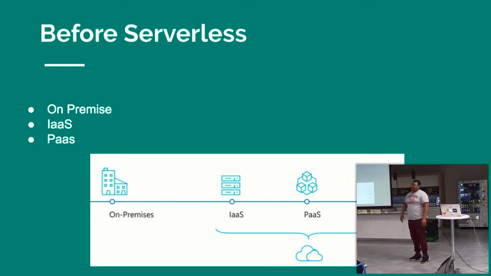So then we went to platform as a service. Platform as a service is where you write a whole bunch of code and just deploy it to this platform, and the platform would serve your web app or your API for you.